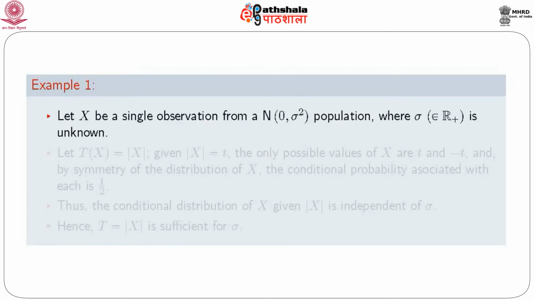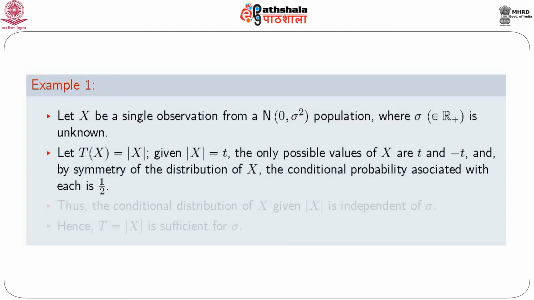We consider a very simple example. Let capital X be a single observation from a normal population with mean 0 and variance sigma square, where sigma greater than 0 is unknown.